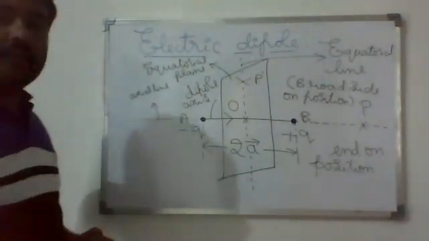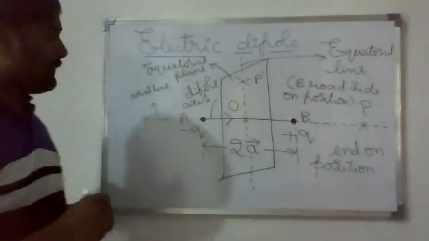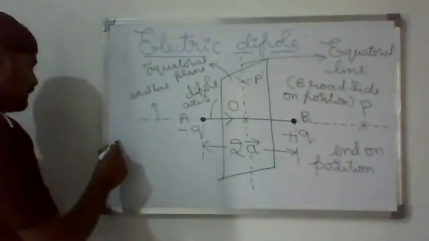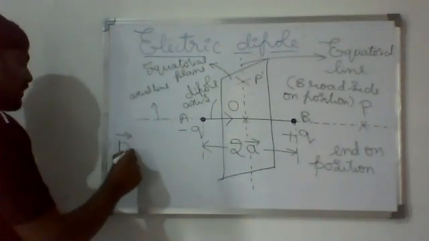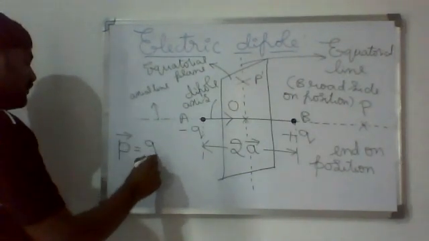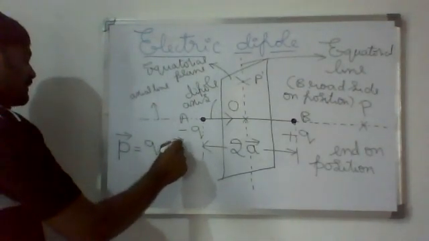The strength of electric dipole is measured by the dipole moment. The mathematical expression for dipole moment is P vector equal to Q into 2A vector.